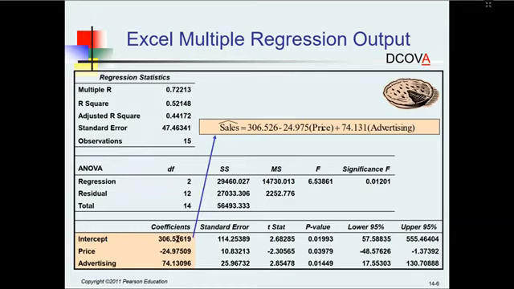So in essence, when you are asked to write down the regression equation, we just pick these values. We write minus 24.975 times the price, or we can use x1 to denote price, plus 74.131 x2, where x2 denotes advertising.